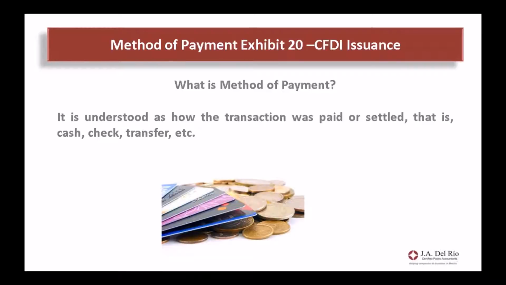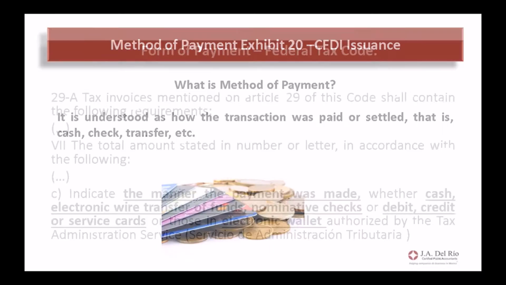It could also be credit card, etc. I also want you to understand that these two requirements for Exhibit 20 come from our miscellaneous regulation. So this is not in the federal tax code or its regulation. It is in miscellaneous rules that are published every year. However, Exhibit 20 is the document that supports electronic invoicing, so we should be looking at this.